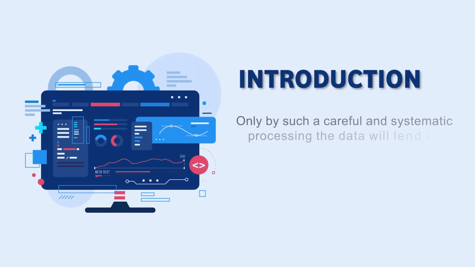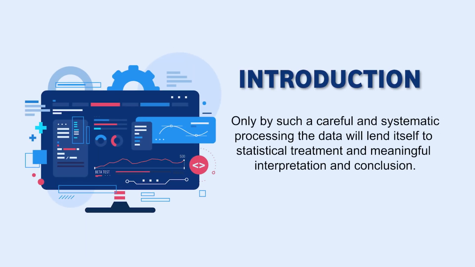Only by such a careful and systematic processing will the data lend itself to statistical treatment and meaningful interpretation and conclusions. We can draw meaningful interpretations after collecting the data and processing it in a more systematic approach.